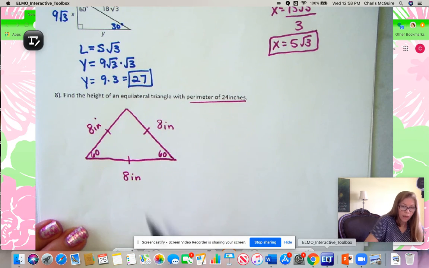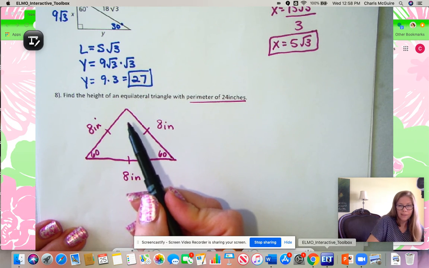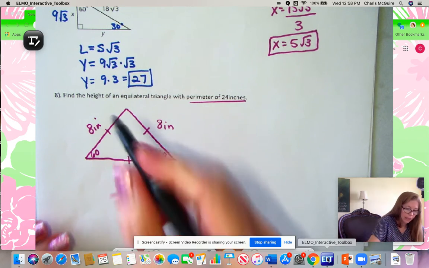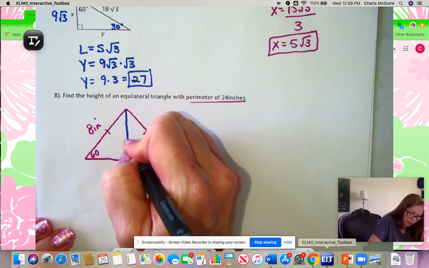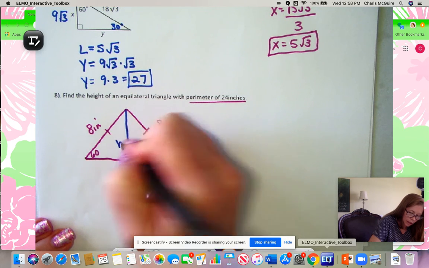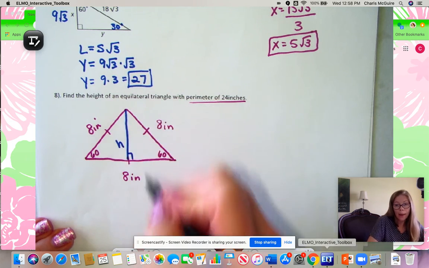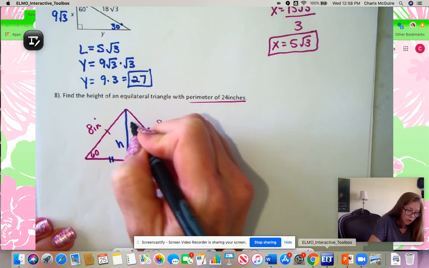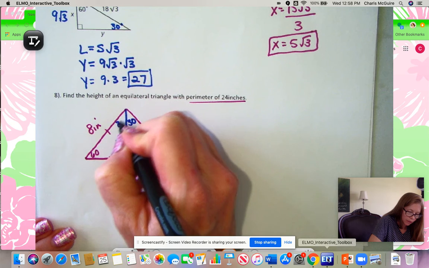Now, you notice I did not put the 60 degrees up there because you know what's going to happen when I drop the height, right? The height's coming down. There it is. There's the height. And this is my angle bisector, my perpendicular bisector. So I've got 30 degrees up here.